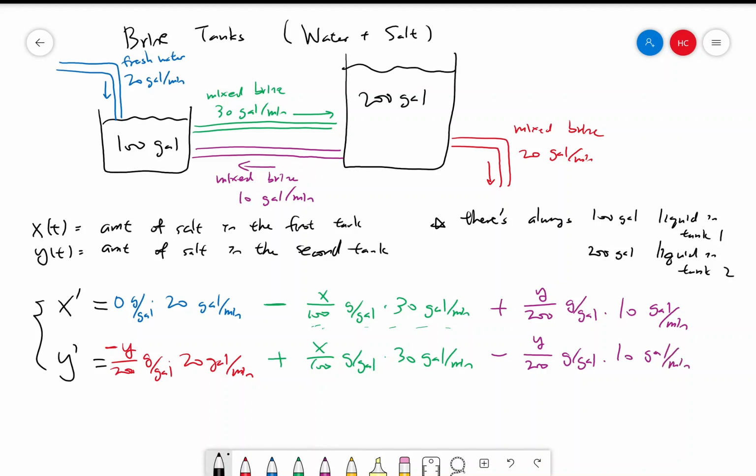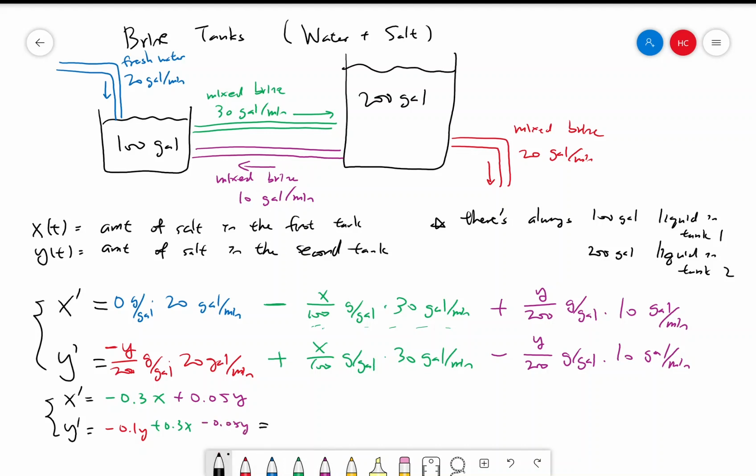So the finalized equation is x prime equals, the blue term is 0, negative 0.3 x plus 0.05 y, and y prime is equal to, the red term is negative 0.1 y plus 0.3 x minus 0.05 y.